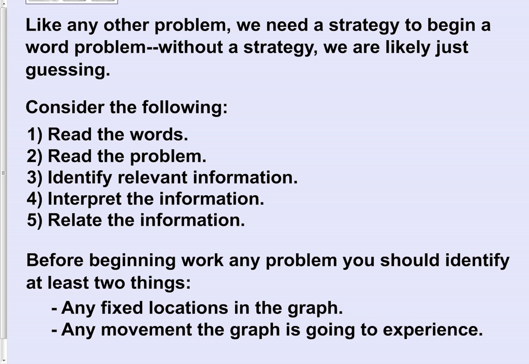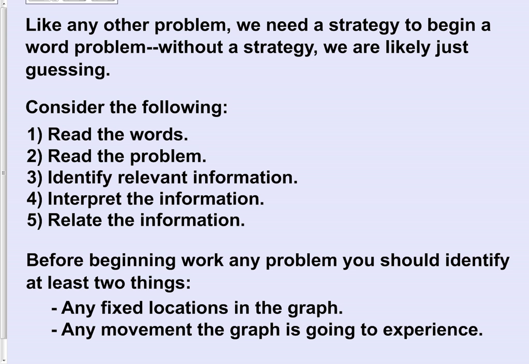Okay, and possibly during that pass or maybe even a third time through the problem, now identify the relevant information. Okay, highlight or circle values that you believe are going to be critical to the solving of the problem or the assembling of the equation, stuff like that. Step 4 would be to interpret the information that you identified.